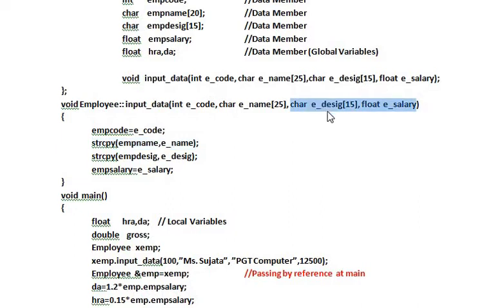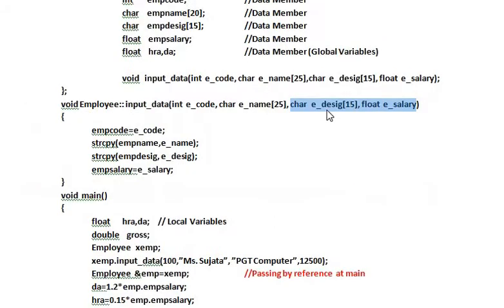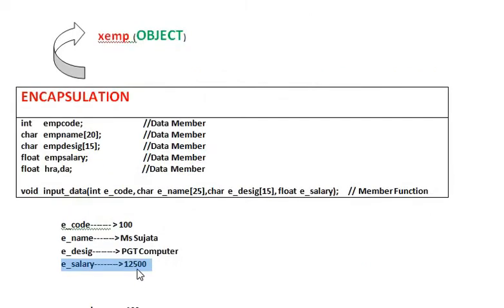Similarly, the values of the parameters e_desig and e_salary, which were PGT computer and 12,500, shall be copied into emp_desig and emp_salary. So emp_desig is going to take the value PGT computer that is coming out of this parameter e_desig, and the data member emp_salary is going to take the parameter value that is coming out of this parameter e_salary, and that value is 12,500.